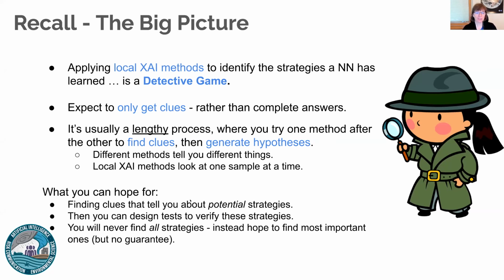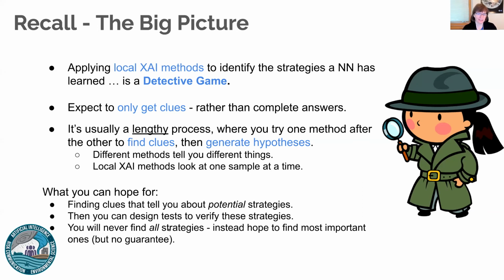What you can hope for is finding clues to tell you about potential strategies. And then you can design tests to verify these strategies. So sometimes we see, oh, I think it's cloud tops that give me an indication, or it's cloud boundaries, or it's a lightning channel. Once you have those hypotheses, it makes sense to modify input images and see, okay, if I add more lightning in one channel, will that actually do what I think it does?